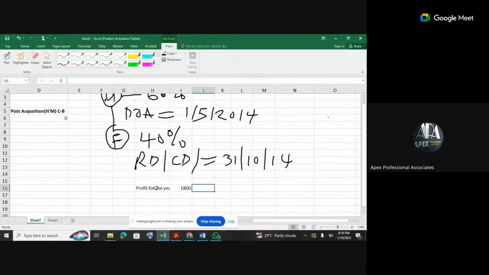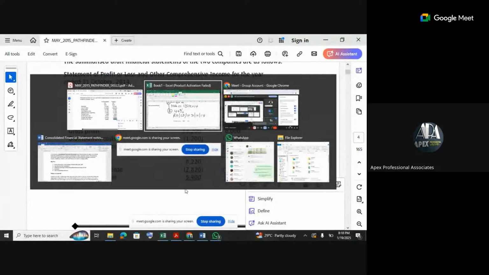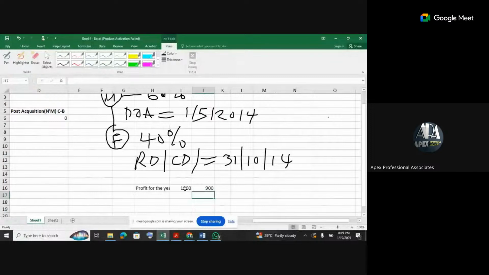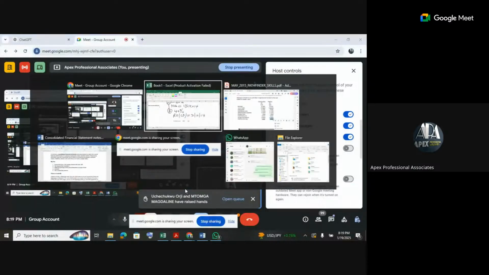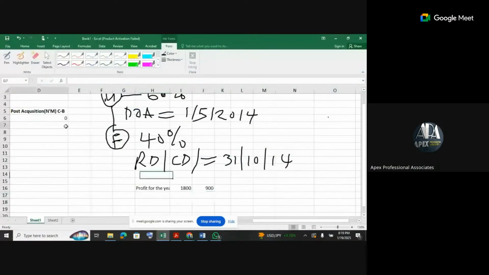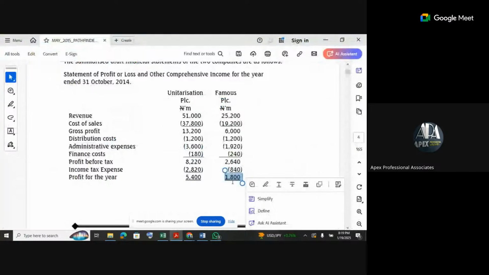You can say equal to 6 out of 12 times 1,800. This is 900. Now this 900 is the profit that was gotten after the parent has bought the subsidiary. So what we'll do now is, in this our net asset list solving, in post, we would have 900.